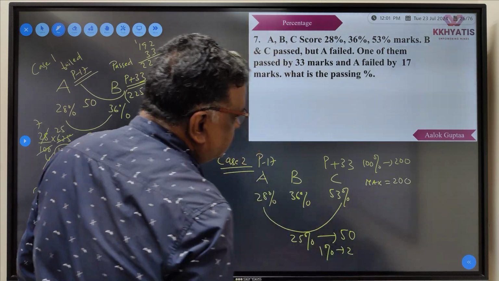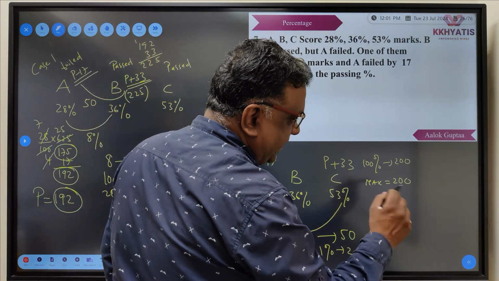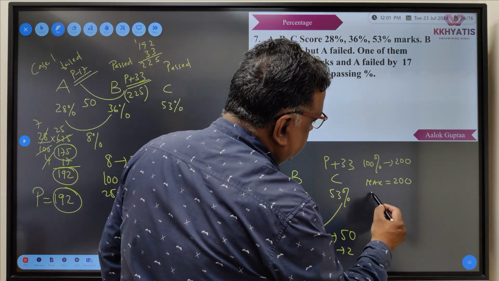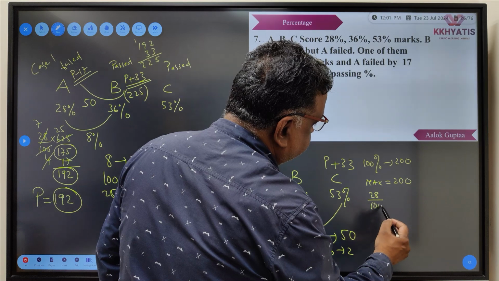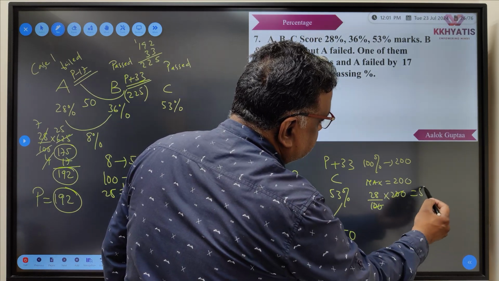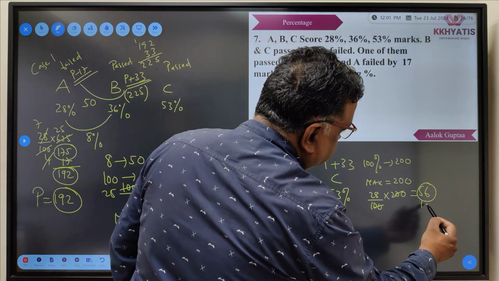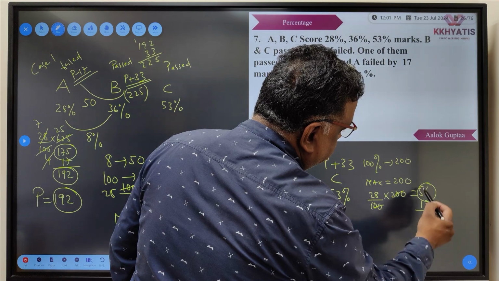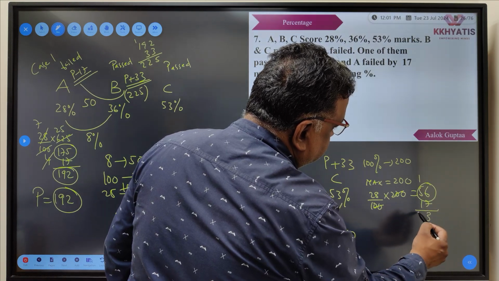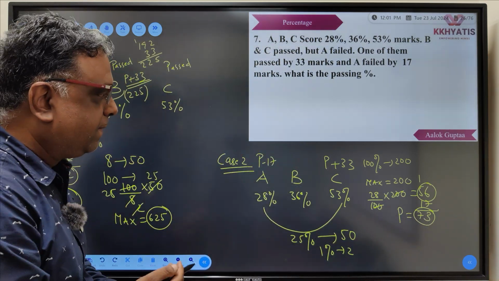If my max marks is 200, A got 28%. So 28 upon 100 into 200. So A got 56 marks, but he failed by 17, which means passing marks would be 56 plus 17, that is 73. So my passing marks in this scenario is coming as 73.